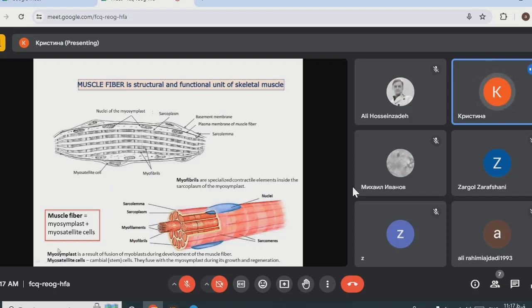Myosymplast, as you remember, is the result of fusion of many cells, myoblasts, during development of muscle fiber. So in this picture you can see sarcolemma, the outer covering of the muscle fiber, and 2 components, myosymplast and nuclei of myosatellite cells.